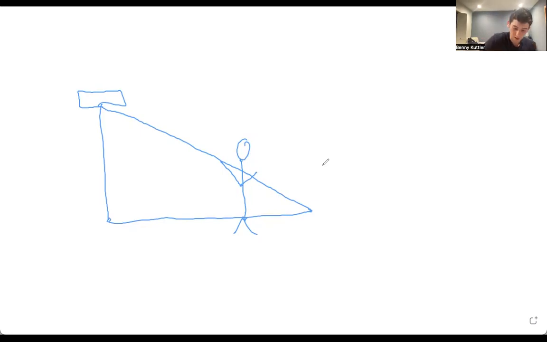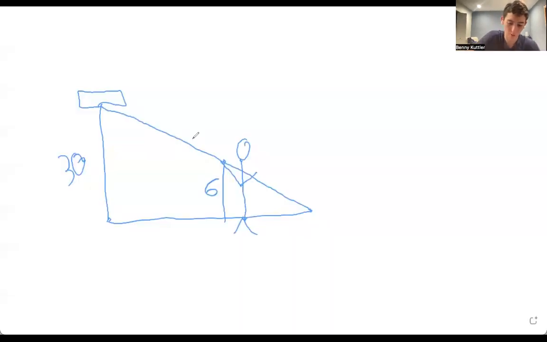So we can split this triangle up into two pieces. These two are similar triangles, which if you remember from geometry, which I doubt you do, we're given that the height of the street pole is 30 feet, a 30-foot tall street light, and the man is 6 feet tall, walking at a rate of 2 feet per second. And we're looking for it when he's 5 feet from the light.